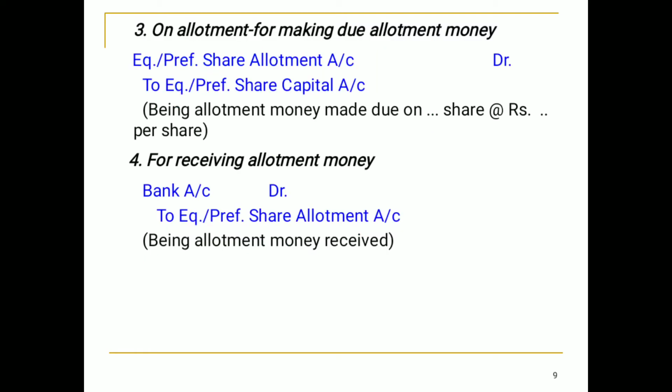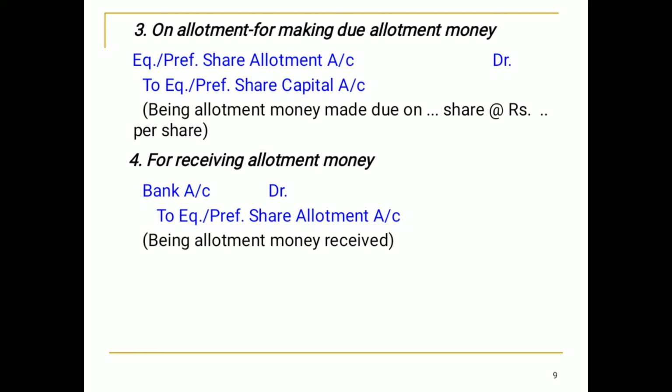Now the next thing is that you will ask for the amount of allotment. If you remember, I said that the amount is collected in installments. So the second installment is of allotment. Yes, and the journal entry when allotment money becomes due is this: share allotment account debit to share capital account.